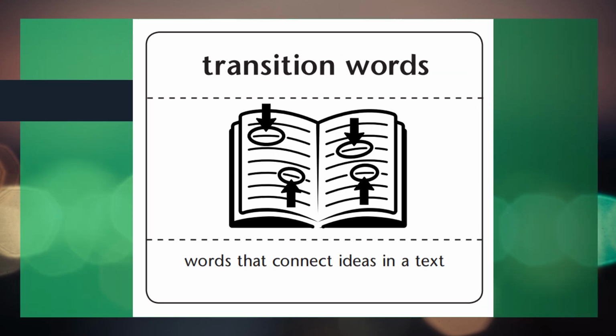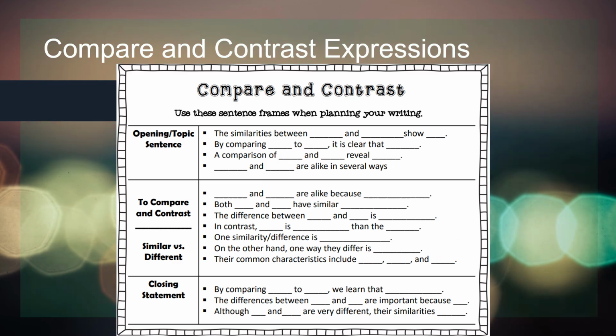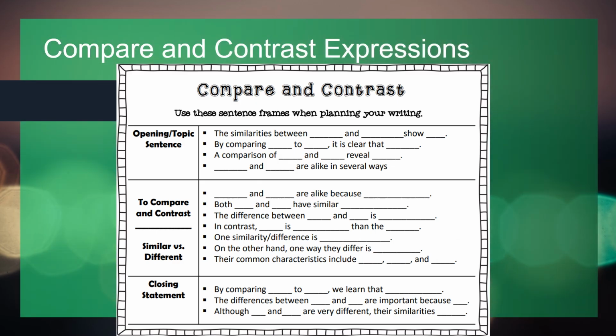When we write, we need to use transitional words. They are words that connect ideas in a text. Here we have compare and contrast expressions that we need to use while we are writing. We have some for opening, like the topic sentence.